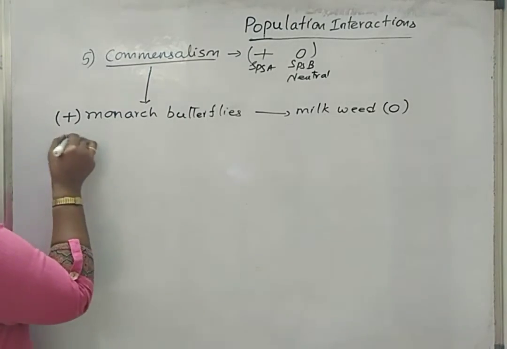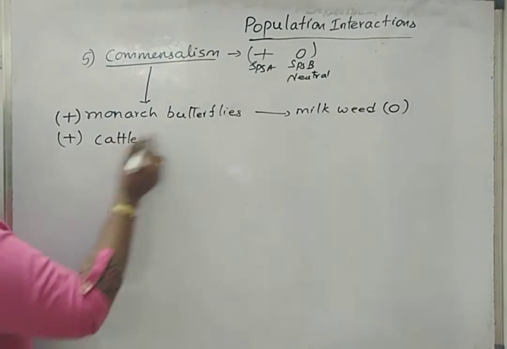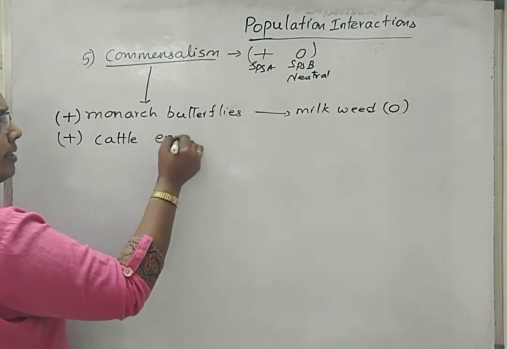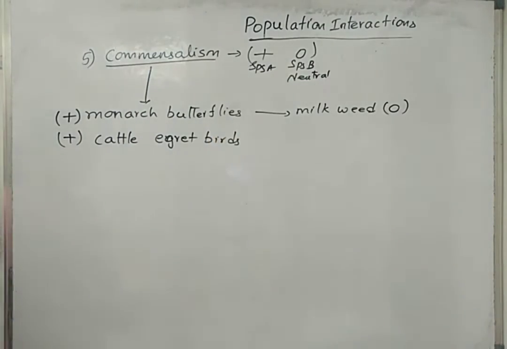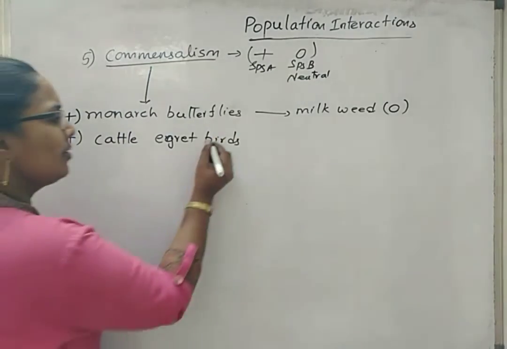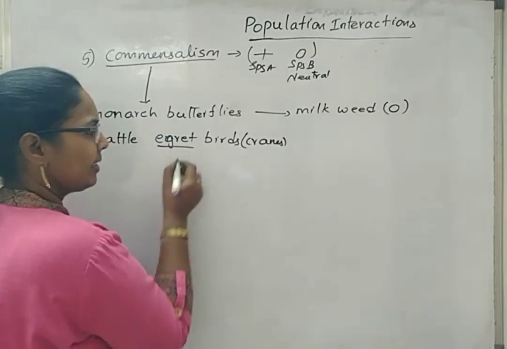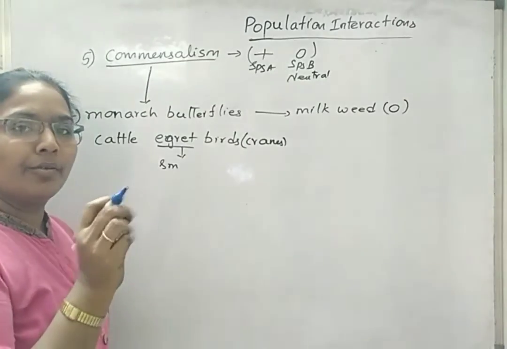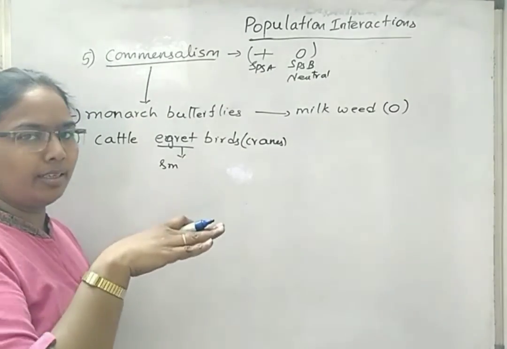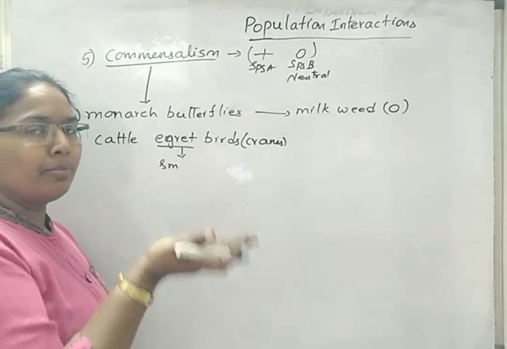Another example is cattle egret birds. Here we can consider these birds as cranes. What is meant by egret? Egret is a small white colored fly that rises when the cattle is moving on the grass. Because of the disturbance, some white colored insects will be moving up.